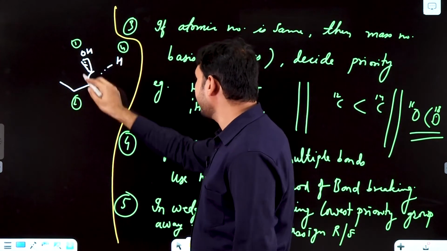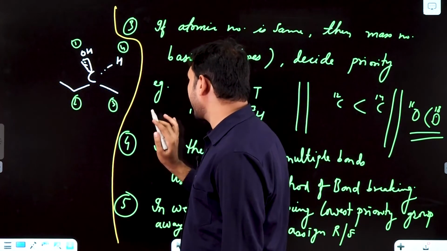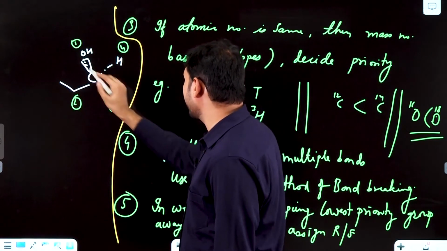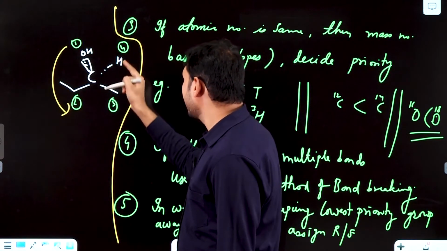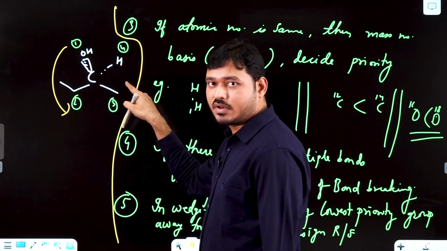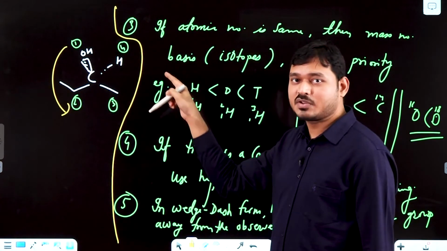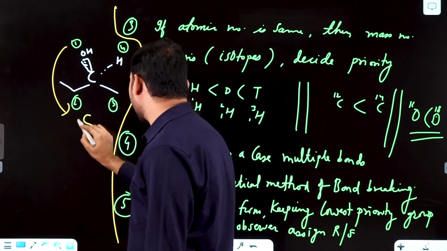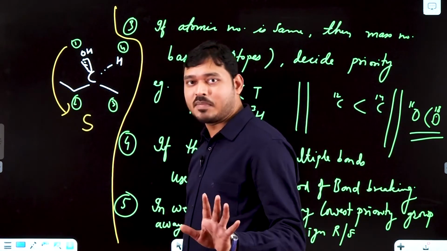Now I have made 1, 2, 3 for priority order. It is actually an anti-clockwise rotation. For anti-clockwise, actually it is left, it is not right. So left, it will be S configuration. Are you getting my point?